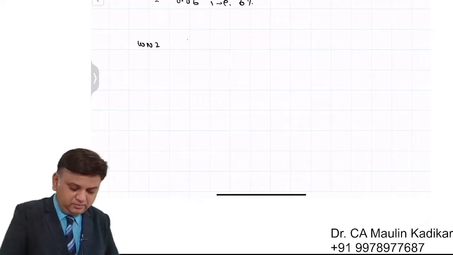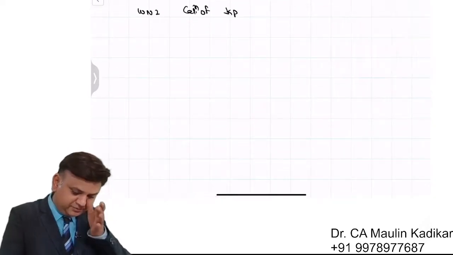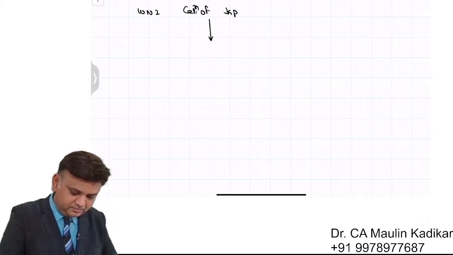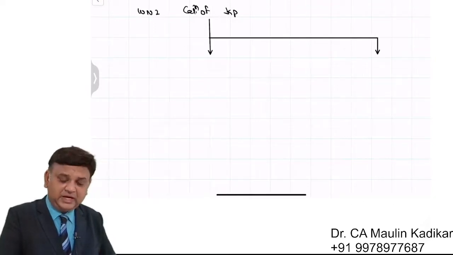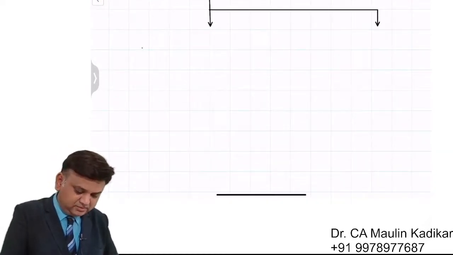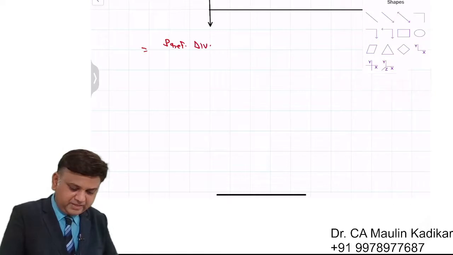Working note number 2, calculation of KP. KP stands for cost of preference share. In that case again, there are two things. Either you can do the answer as preference dividend divided by amount.